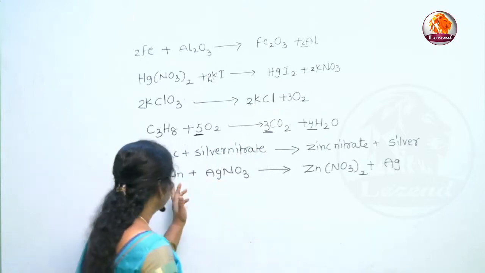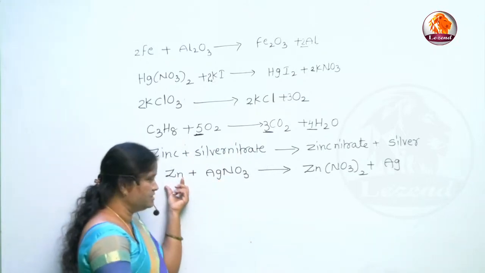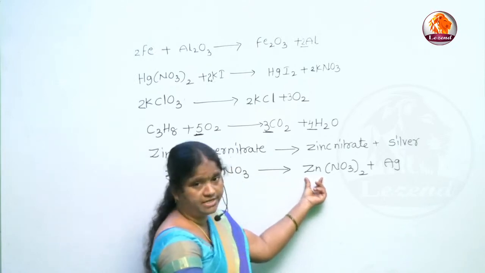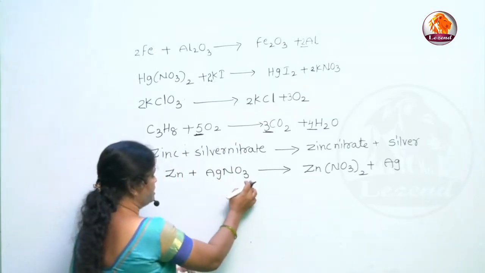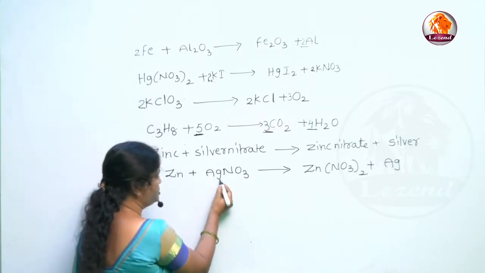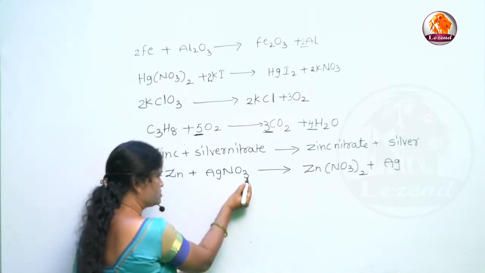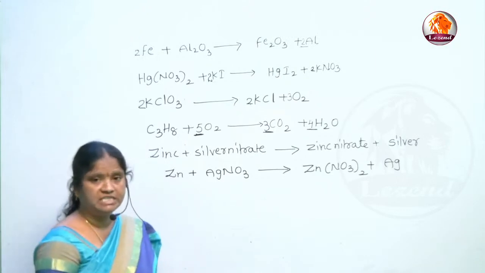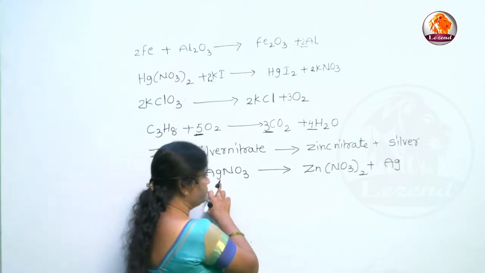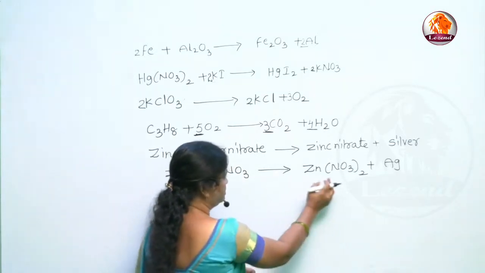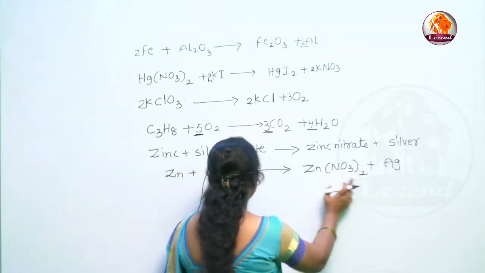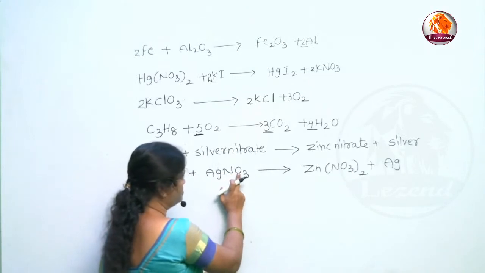Look at here. One atom of zinc on the left and one atom of zinc on the right side also, so zinc atoms are balanced. Silver nitrate AgNO3: Ag one atom, nitrogen one atom, oxygen atoms 3. Silver atoms are balanced, but in NO3 here nitrogen atoms 2, oxygen atoms 6, and here nitrogen atom only 1, oxygen atoms 3.